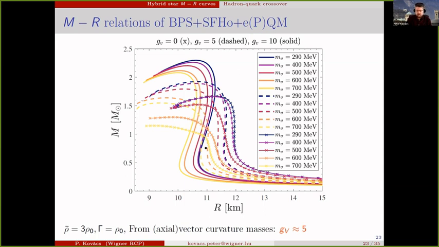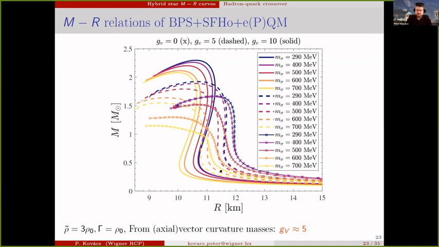Unfortunately, I forgot to put here all the bands from the astrophysical measurements, but we can choose parameters with which we agree with the astrophysical measurements. One important point here is that through these axial vector curvature masses we can have some value for the G_V, which is very good, because otherwise it is unknown.